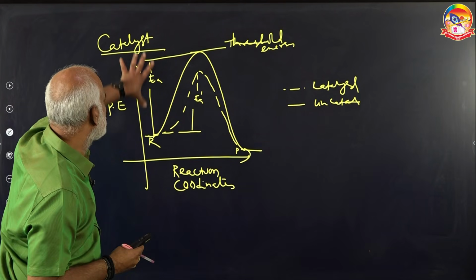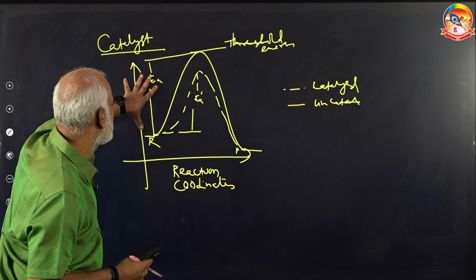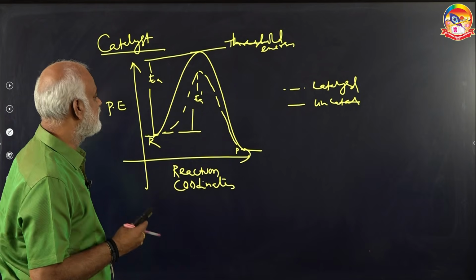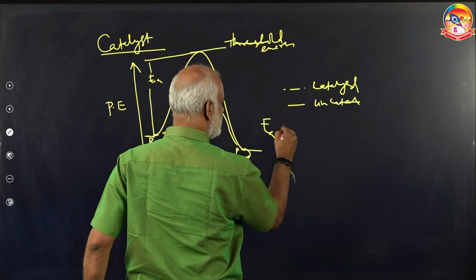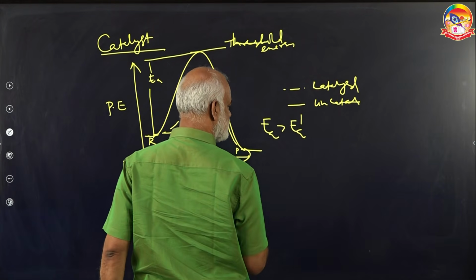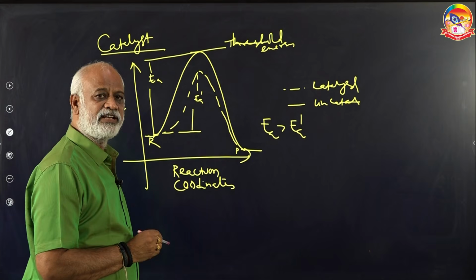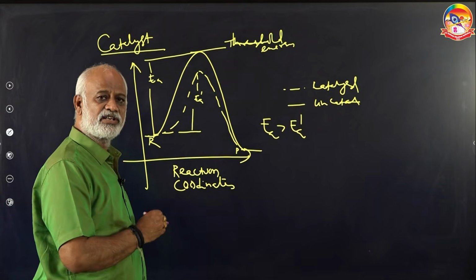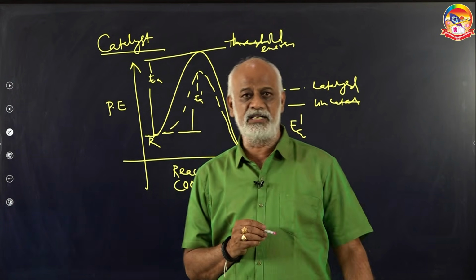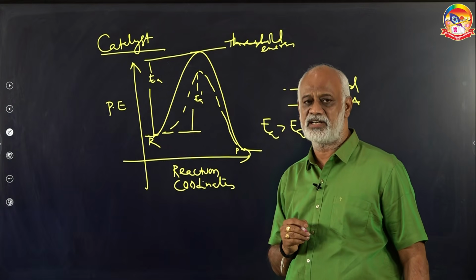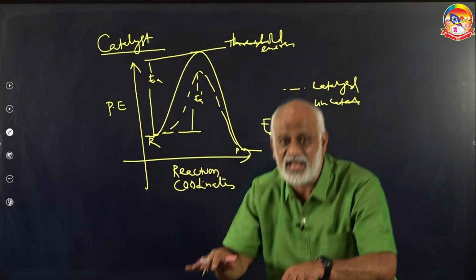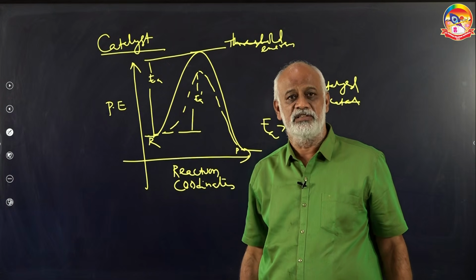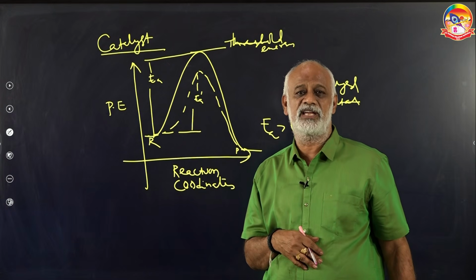This is the activation energy for the uncatalyzed reaction. This is the activation energy for the catalyzed reaction. EA is greater than EA dash. Therefore, the activation energy for the uncatalyzed reaction is more than the activation energy for the catalyzed reaction. That is the reason why, by decreasing the activation energy, the reaction is made fast by a catalyst.